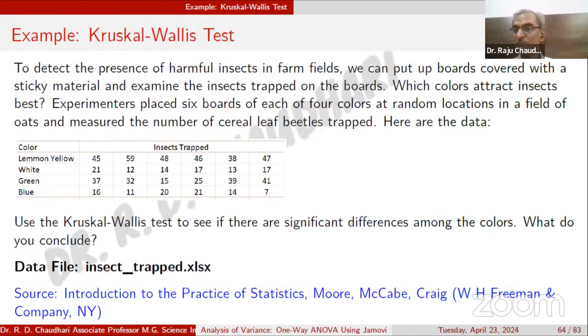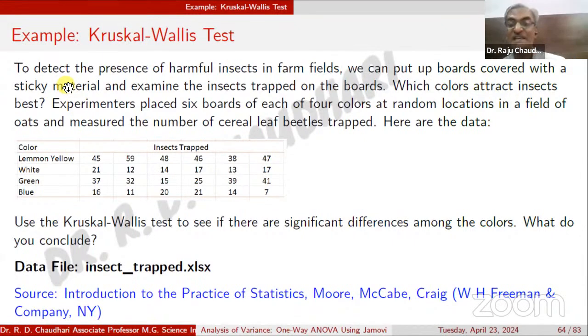This is one simple example which I have taken: to detect the presence of harmful insects in a farm field, we can put up a board covered with a sticky material, so that the insects stick to that particular board.